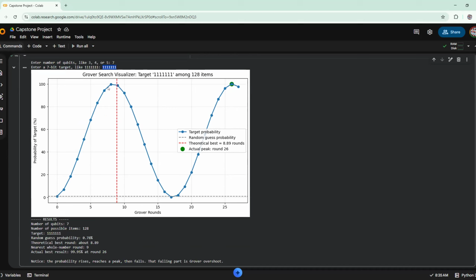And it kind of looks sinusoidal because, like many people have said, it overshot. Once it found the right answer, it continued to amplify the other wrong items in the list, and that made the right answer become mixed in with the noise, and the probability of measuring the right answer slowly decreased.